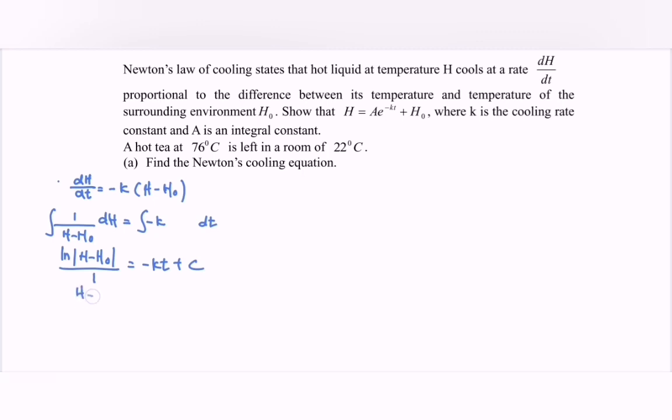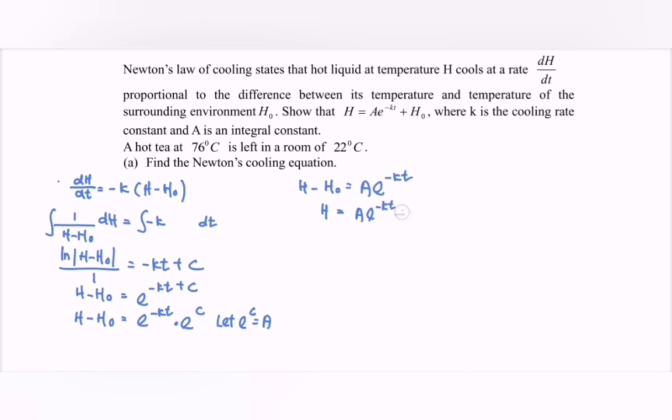So we have H minus H0 equals exponent of negative kt plus C. We can make use of the rules of indices: H minus H0 equals exponent negative kt multiplied by exponent C. Let exponent C equal A. Rewriting, H minus H0 equals A multiplied by exponent negative kt, so H equals A exponent negative kt plus H0.